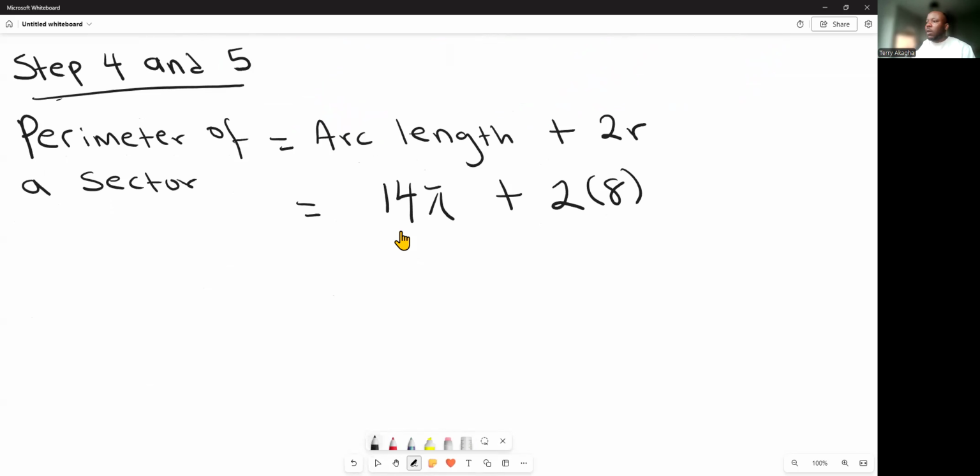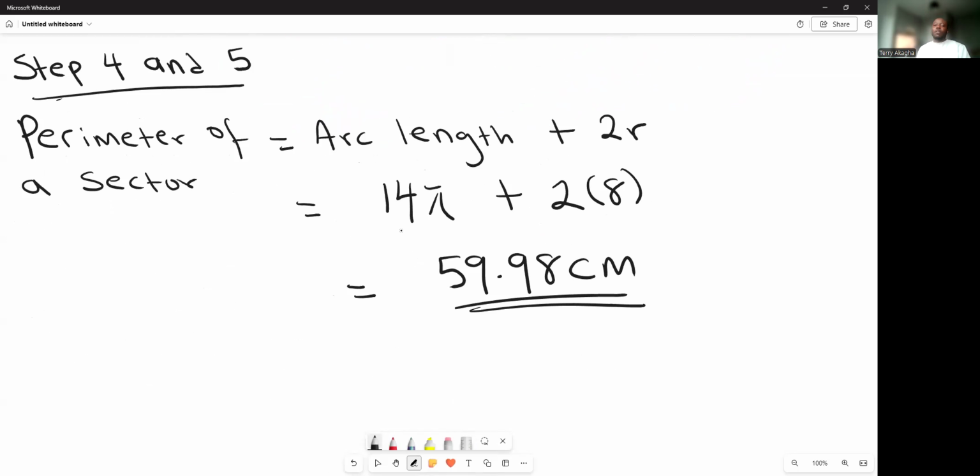When you press this in your calculator, the answer you will get is 59.98 centimeter. All right, and that is how you find the perimeter of a sector.